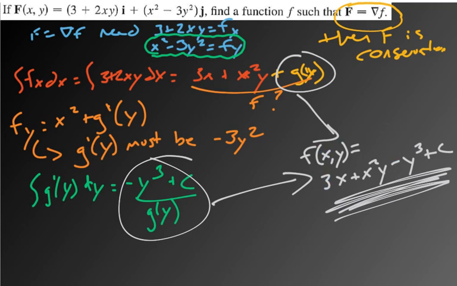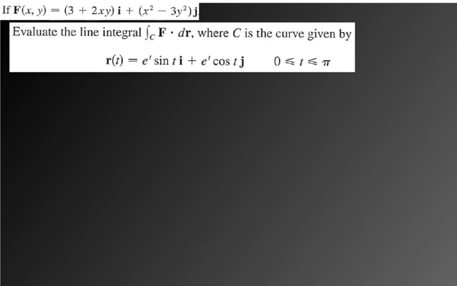So this is my lowercase f of x, y that I could now use here. The gradient of that equals capital F. So capital F is conservative. This is the same capital F from before. And so now I just want to show you how quick it is to solve something like this if we know it's conservative. All right, so we know it's conservative.